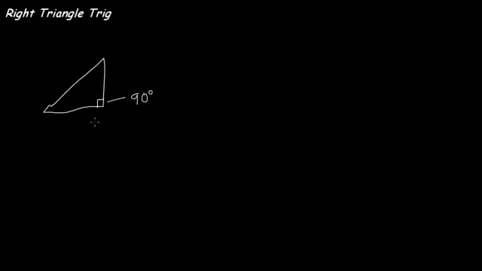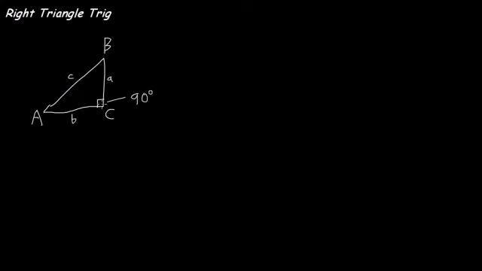A lot of times you'll see these angles denoted with letters, so A, B, C. And sometimes the sides are denoted with lowercase letters. And usually the side opposite the angle is the lowercase corresponding letter. So lowercase a would go here, lowercase b would go here, and lowercase c would go there.